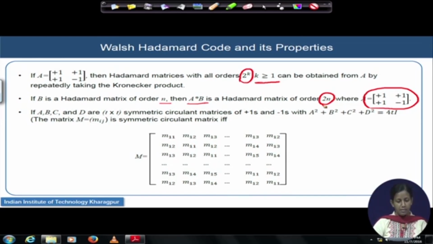Suppose A, B, C and D are T cross T symmetric circulant matrices. A circulant matrix looks like this.